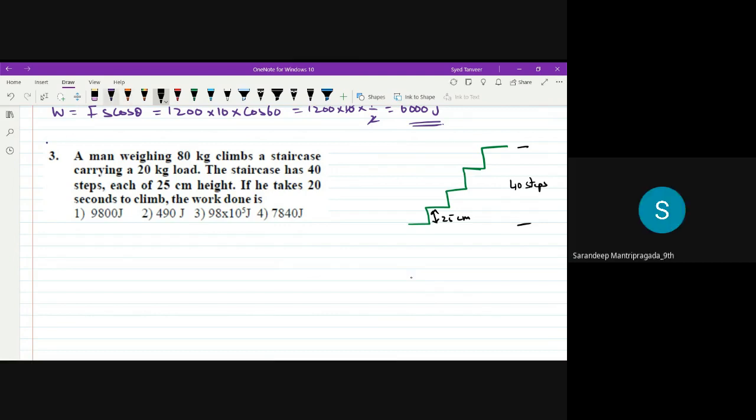A man is carrying a load of 20 kg and his mass is 80 kg. If he climbs up the staircase, what is the work done? See, what is work done? Force into displacement.